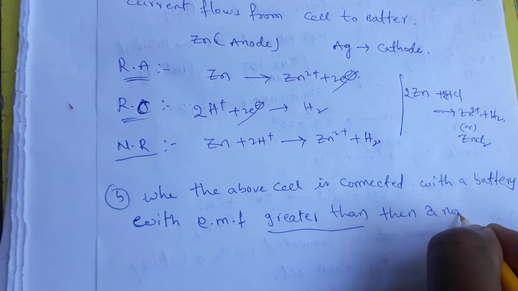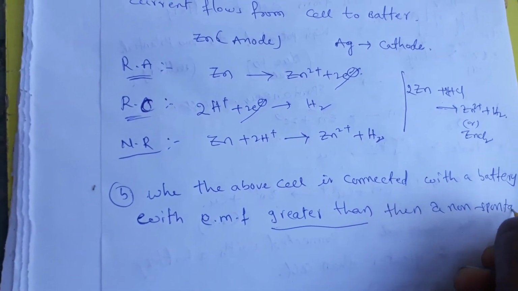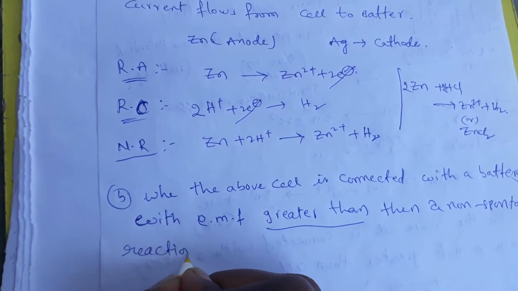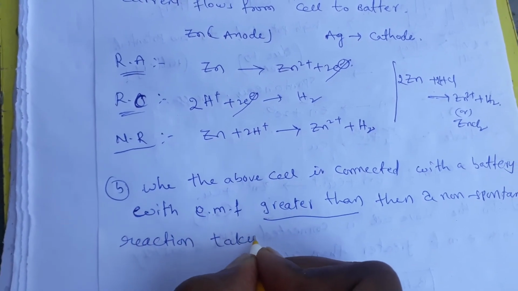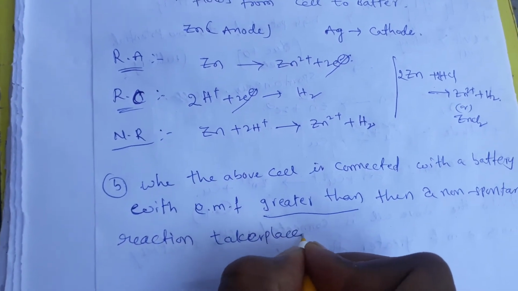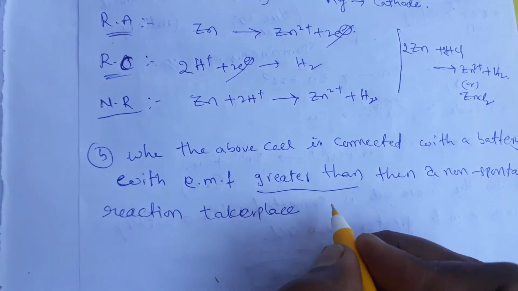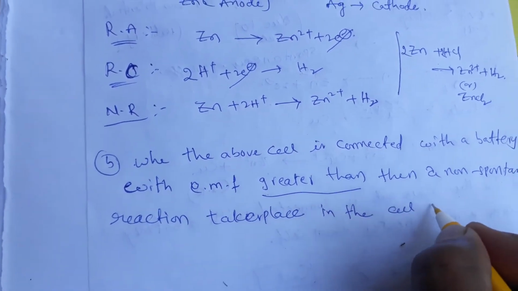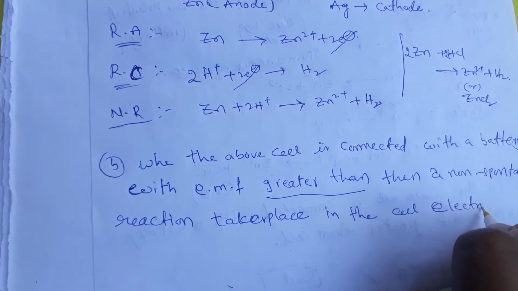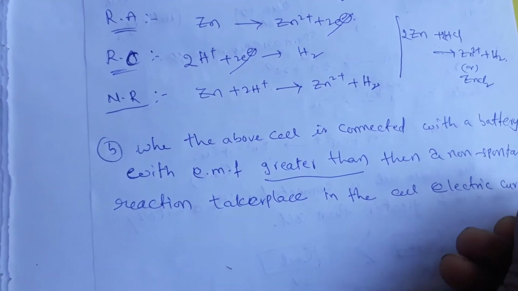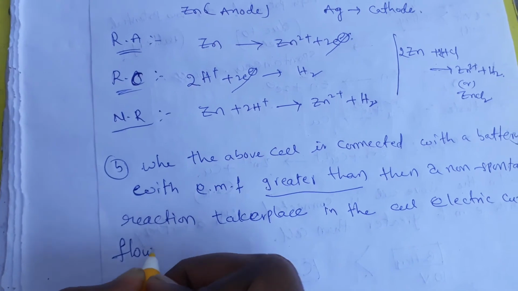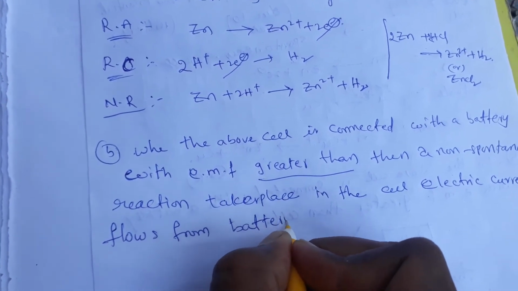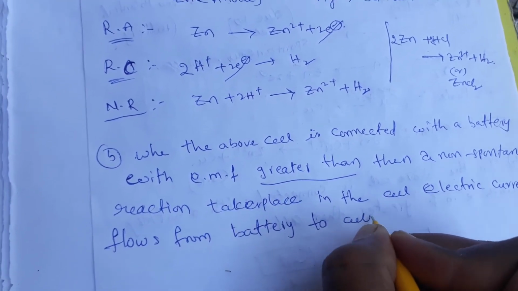Then a non-spontaneous reaction takes place, and in the cell electric current flows from battery to cell.